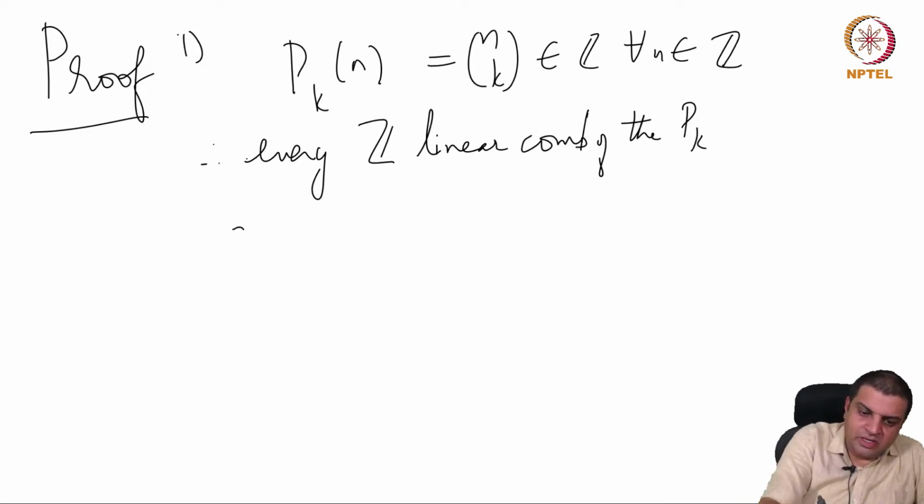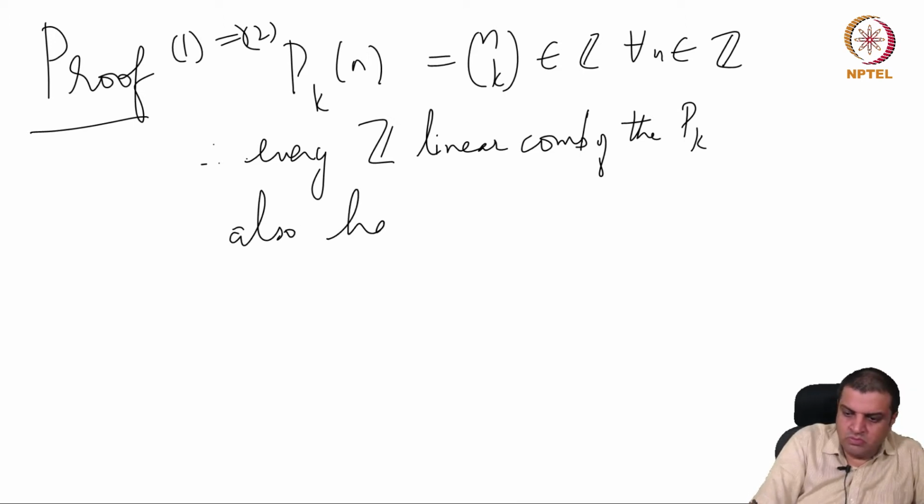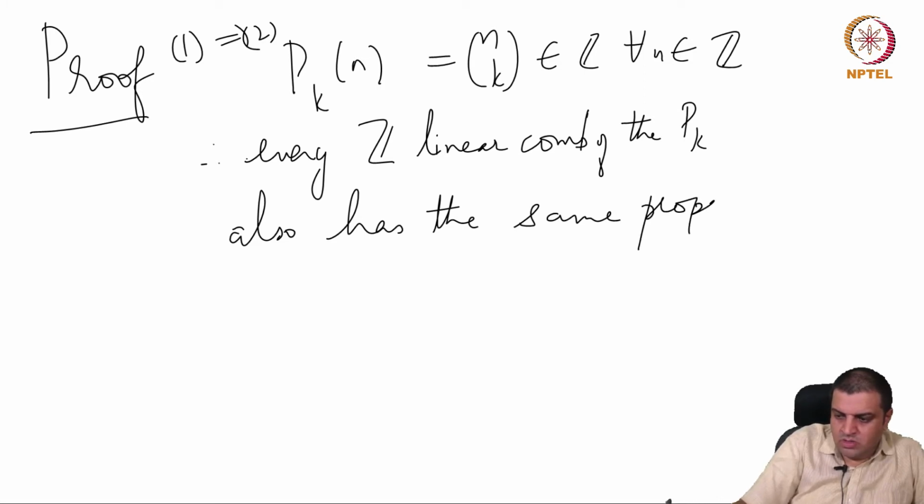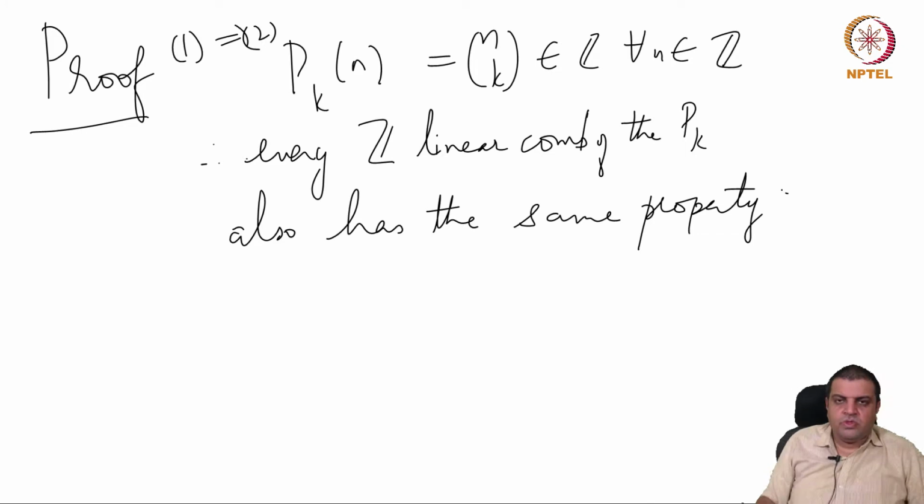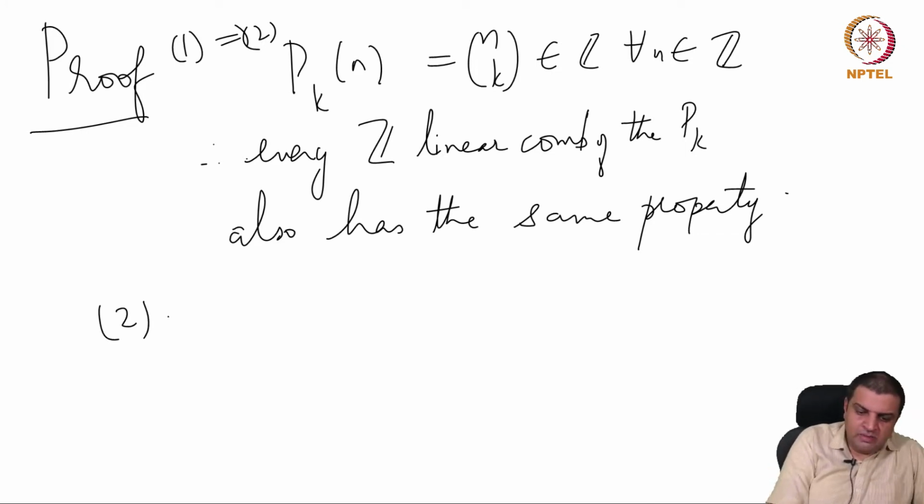So this is 1 implies 2. 2 implies 3 is immediate.